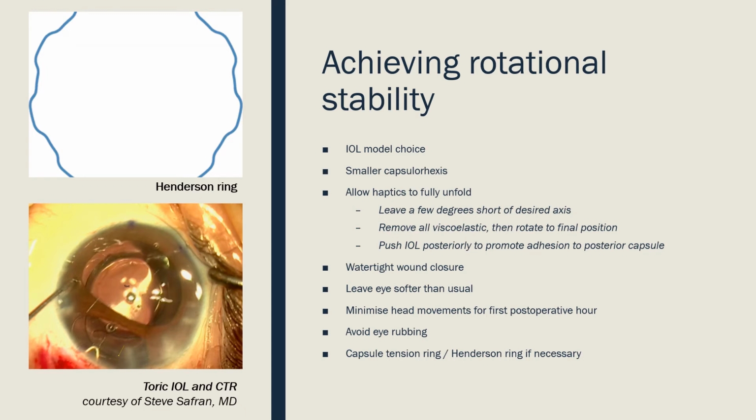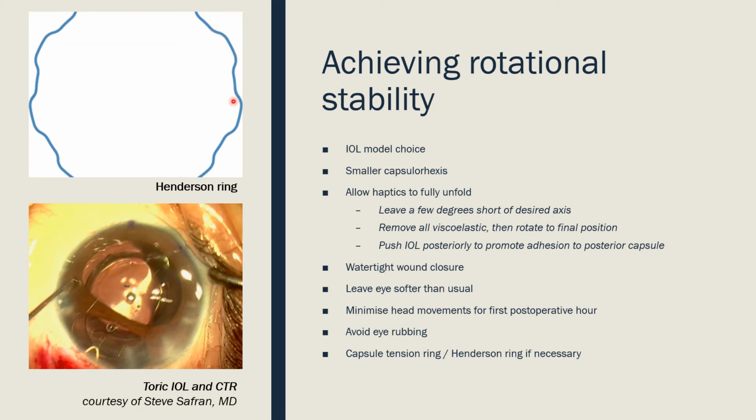Obviously, it's important that the patient minimises any head movements for the first post-operative hour, particularly when they're getting up off the operating bed, and then they need to be advised not to rub their eyes as well. So if the lens appears particularly mobile, or if the patient's got the risk factors that we discussed previously, then you can consider placing a capsule tension ring or a Henderson ring, which is like an undulating CTR.